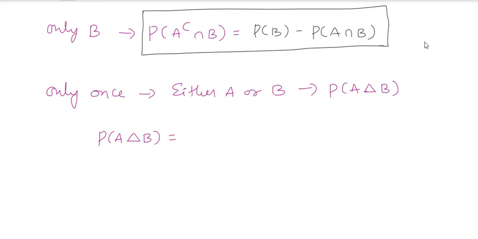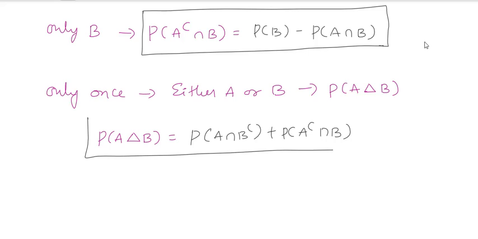Either A or B means both the cases: probability of A intersection B complement plus probability of A complement intersection B. That is only once.